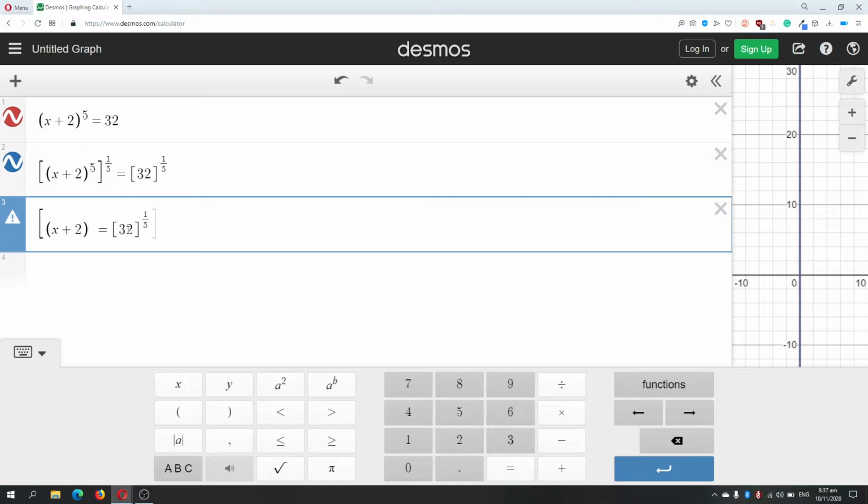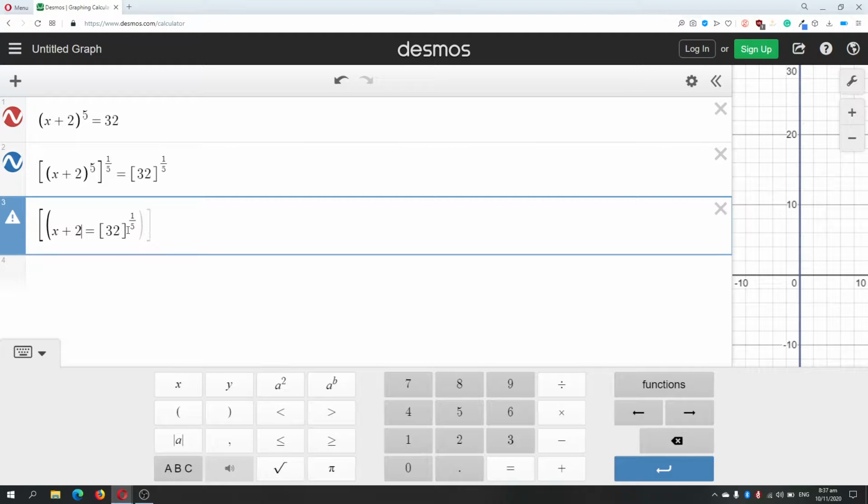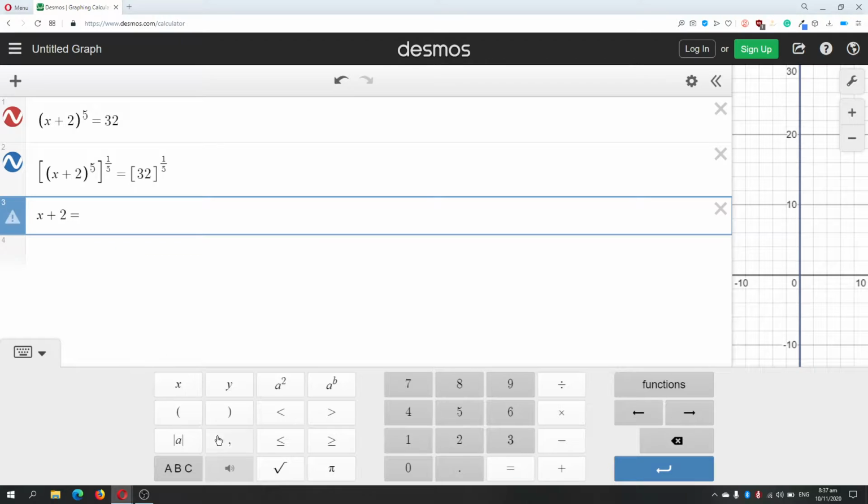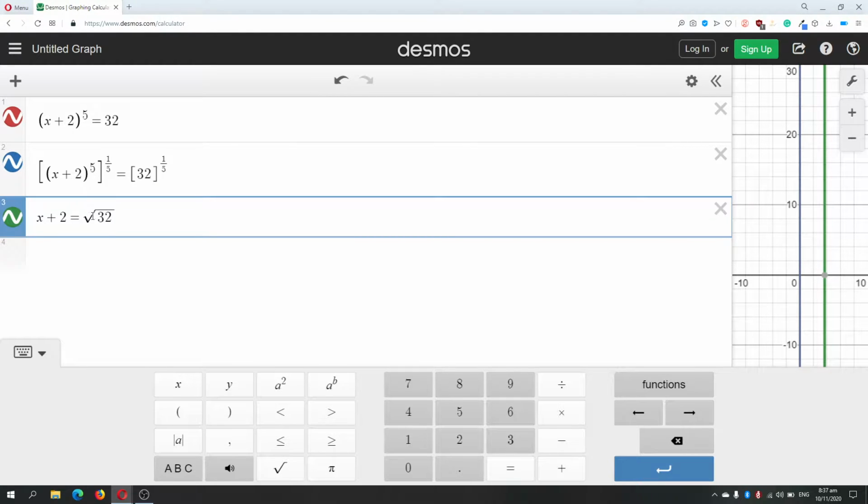So cancelled na siya. So it is as simple as x plus 2. However, sa right side natin, magiging siyang fifth root of 32. So merong 5 dito sa taas.